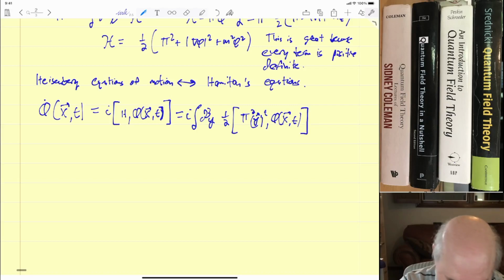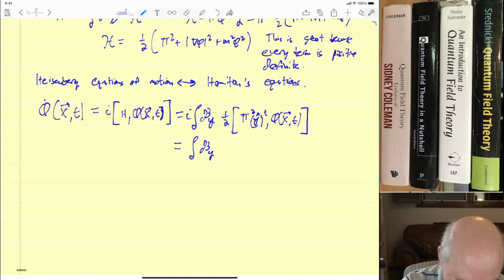Okay, and now using the usual Leibniz rules for commutators, I'm going to take a pi out here and have a commutator of pi of y with phi of x. Then I'm going to put it on the other side, but since we end up getting delta functions, it doesn't matter. So this ends up being the integral of d3y.